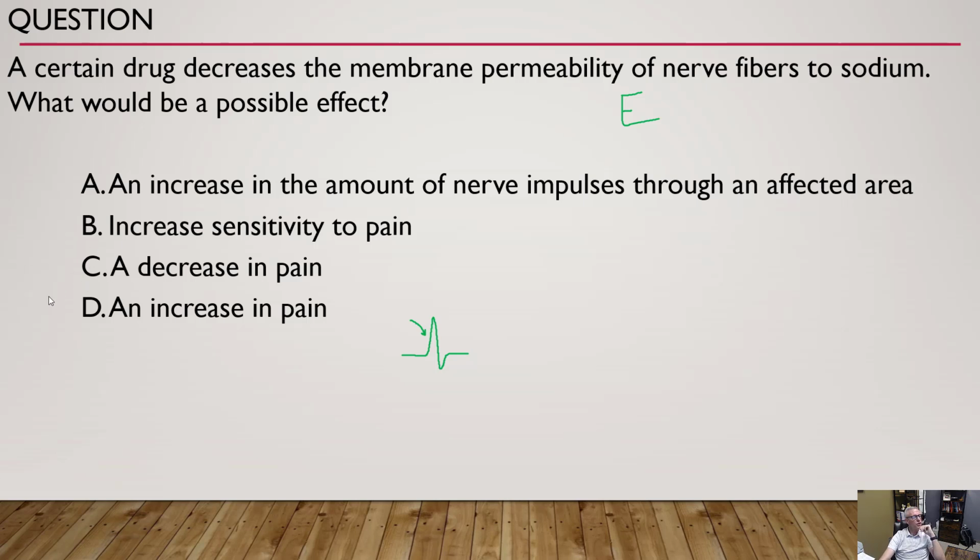All right, so if sodium is excitatory, we would not see an increase in pain. Let me back up. It decreases the membrane permeability of nerve fibers to sodium. So C would actually be our answer. We would see a decrease in pain.